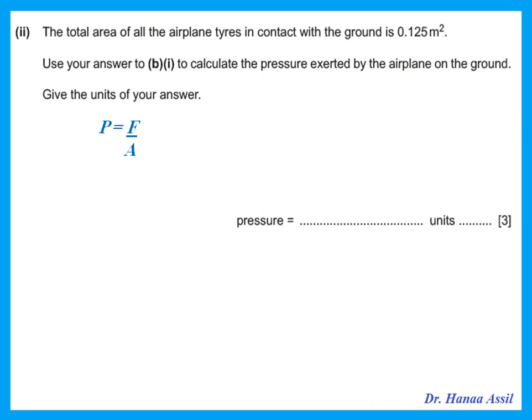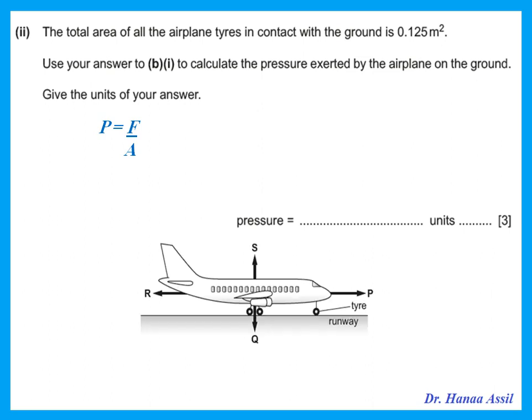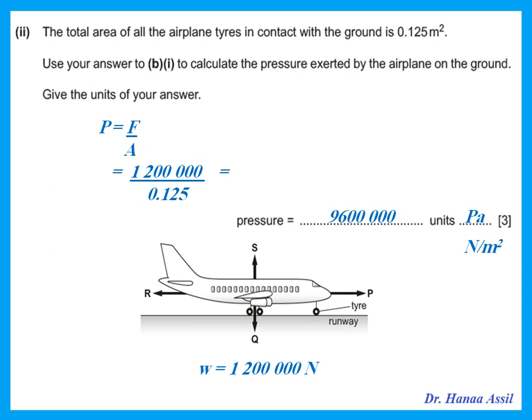Pressure is force over area. Of course, the force is the weight that we have there. So we calculated the weight to be this number. So that is the force over the area that he gives me. That gives me the pressure, and remember that the unit for pressure is Pascal or Newton per meter squared.